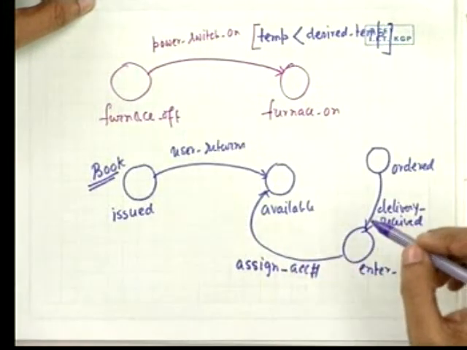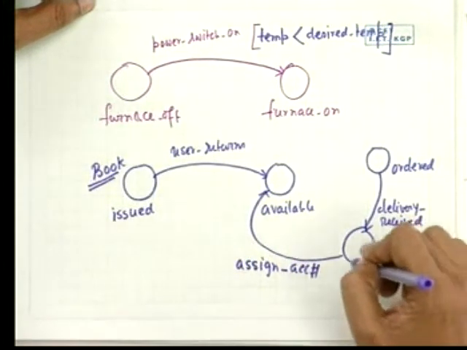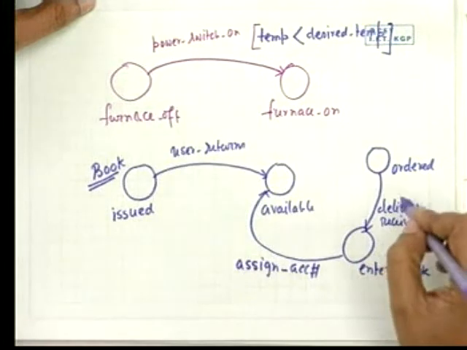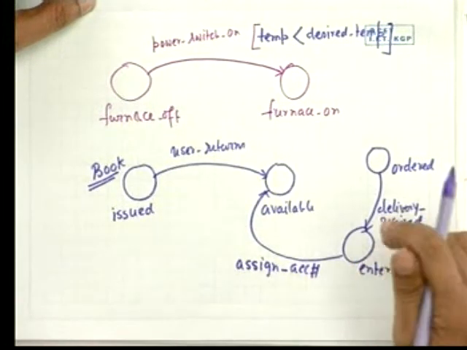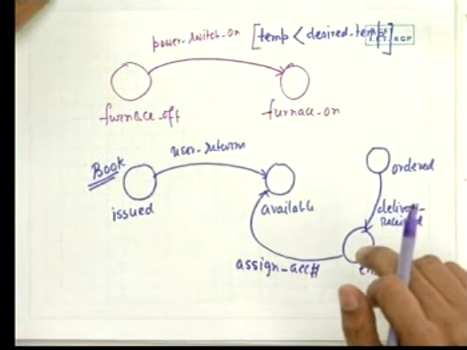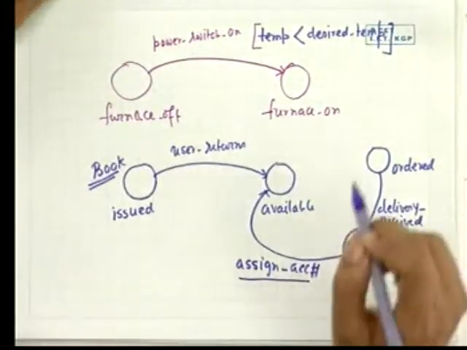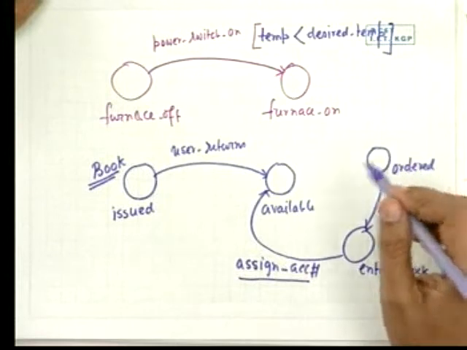Similarly, when the book is entered in stock, the operations might be that you enter it into the stock register, then put it into the catalog, and after that assign the accession number, and then it's made available.